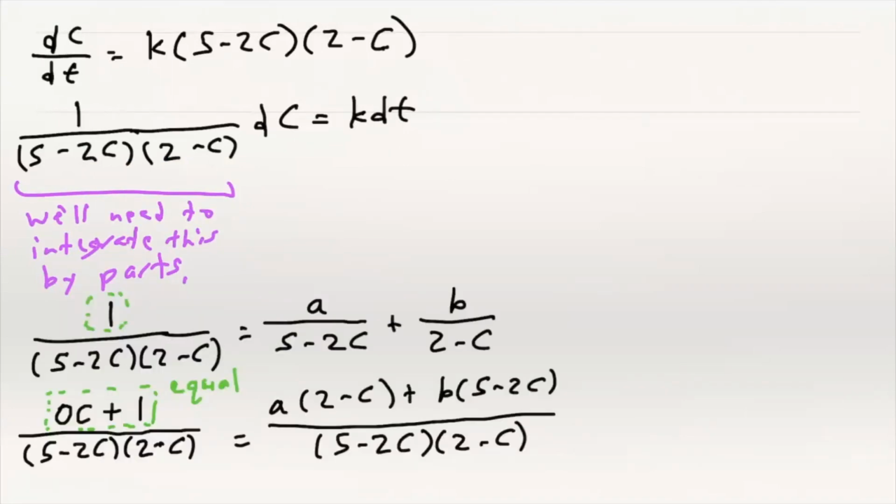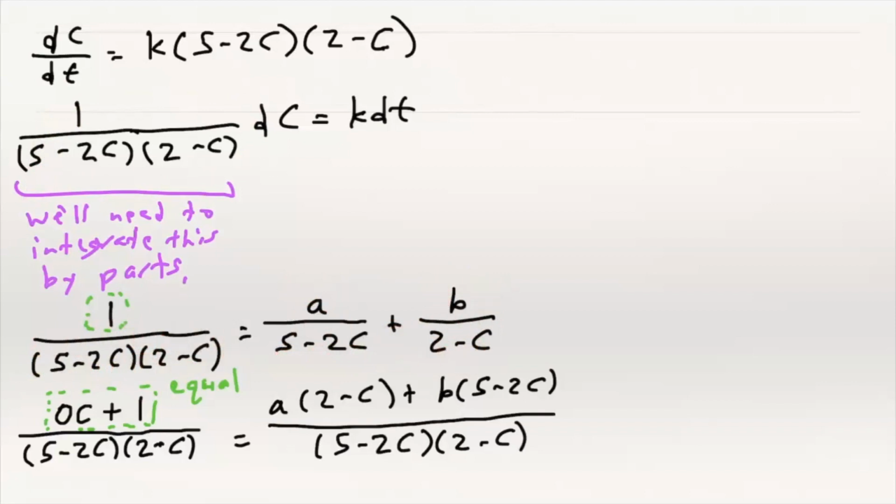So remember the way to do this. You first want to write the integrand here as a sum of 2 different simpler fractions with unknown, for now, numerators, which are constants. So I'll call them little a and little b. So this must be equal to a over (5 minus 2c), the first part, plus some other unknown constant over (2 minus c).